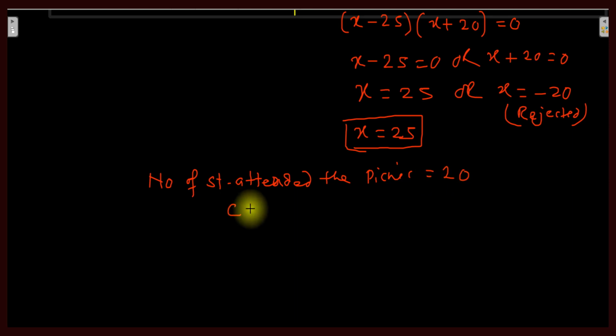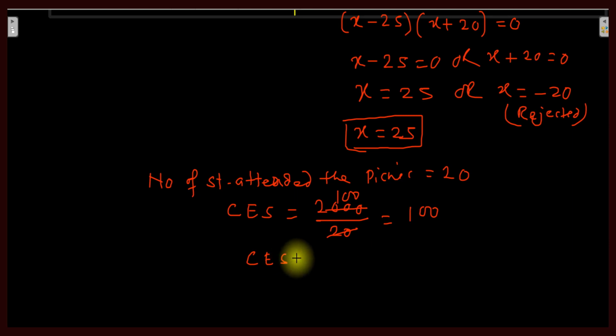Therefore the cost for each student will be equal to the total budget, that is 2000, divided by the number of students who attended the picnic, that is 20. So 20 hundreds are 2000, which is equal to 100, and so the cost for each student who attended the picnic will be rupees 100.